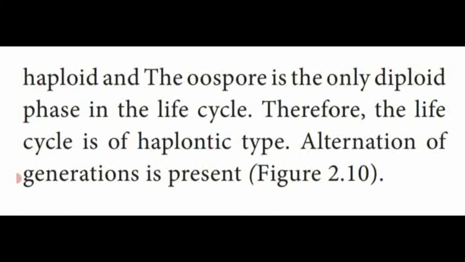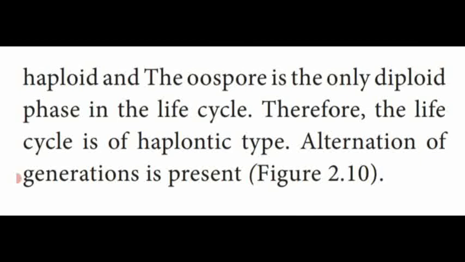So protonema is haploid, and the oospore produced by the fusion of one anthrozoid with one egg is diploid. So Chara is also showing 2 phases of generation: haploid phase in the protonemal stage and diploid phase in the oospore phase. So Chara also shows alternation of generation. The life cycle of Chara is haplontic type.